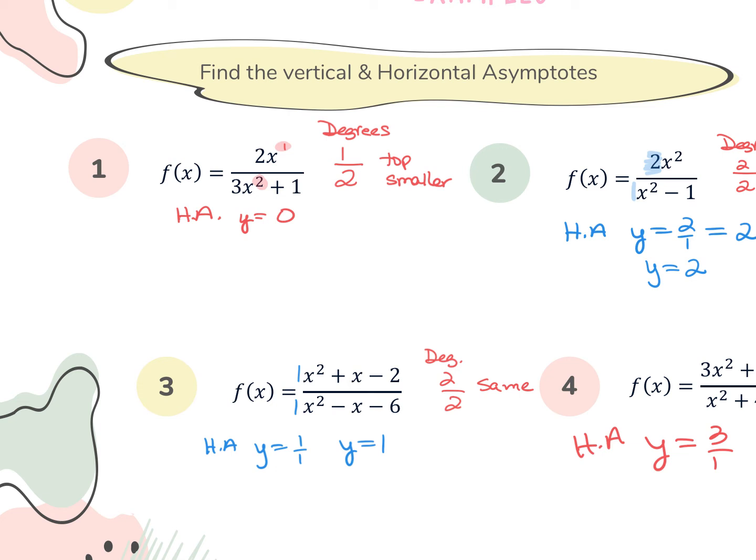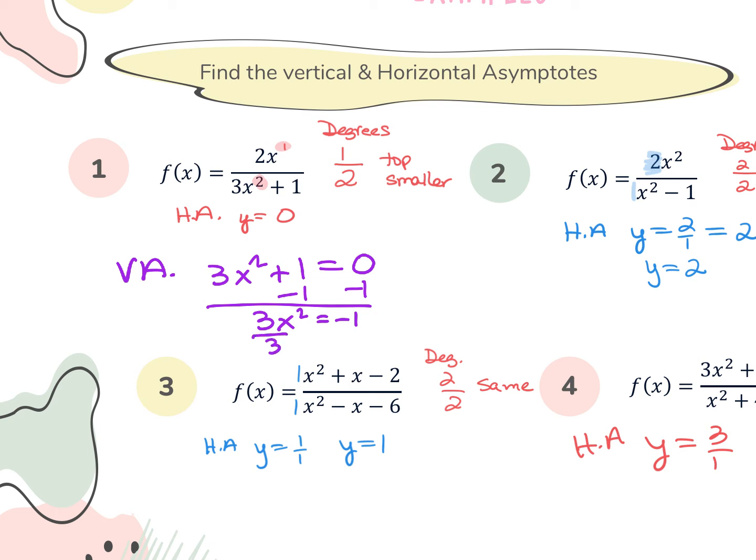For the first one, 2x over 3x squared plus 1, I can't simplify this rational function, so for the vertical, you set the denominator equal to 0. So for my vertical asymptote, 3x squared plus 1 equals 0. Subtract 1. 3x squared equals negative 1.